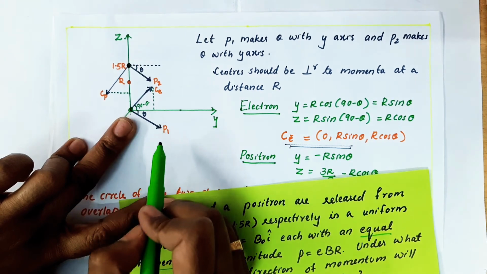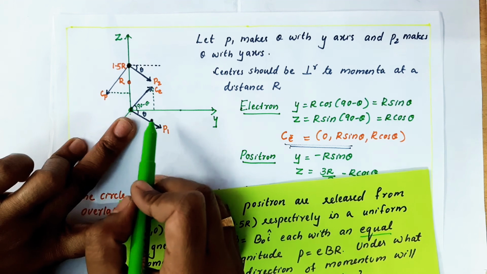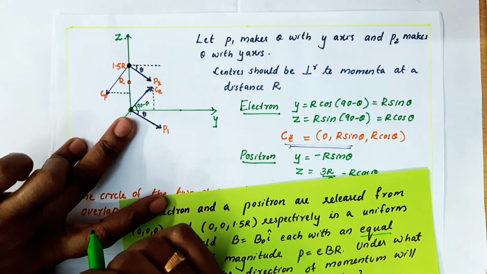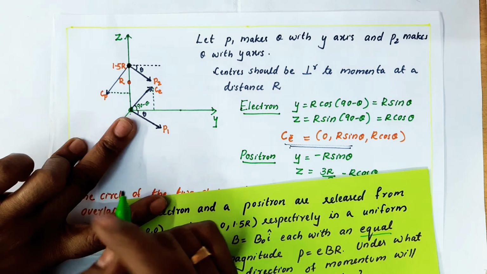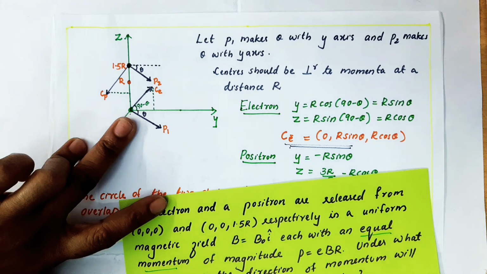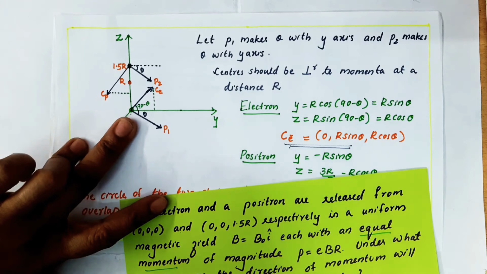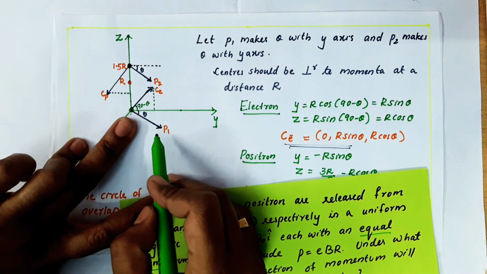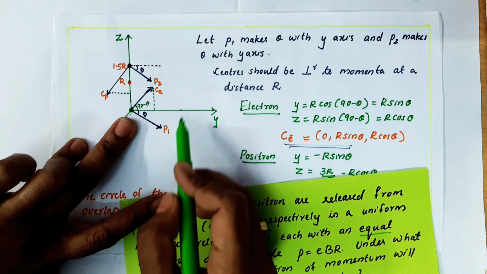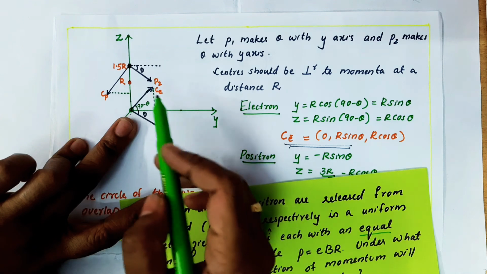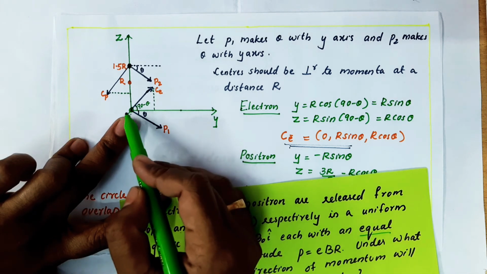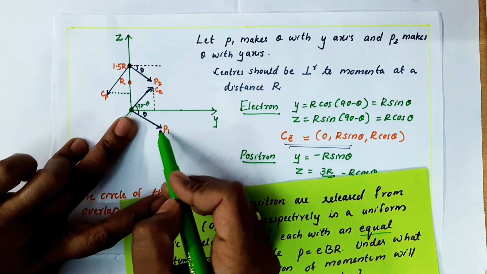So both momenta, P1 and P2, make an angle theta with the y-axis, because they told us the momentum is the same. Another main concept: the velocity and magnetic field are perpendicular. The tangent at any point gives the velocity. So if you take this as the momentum, this is the velocity.